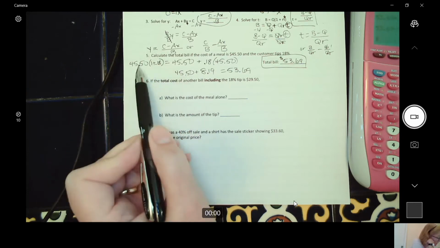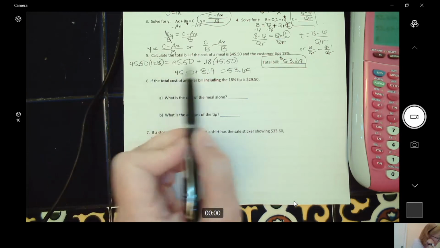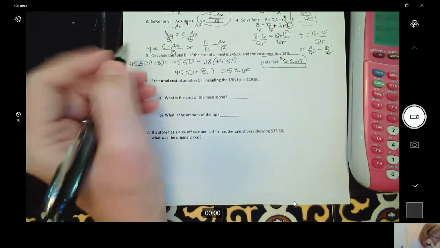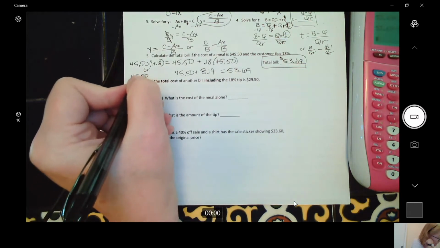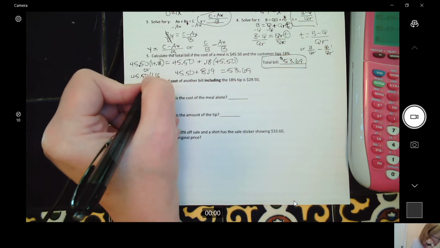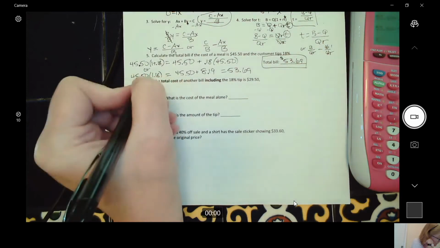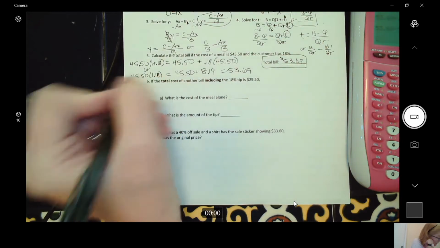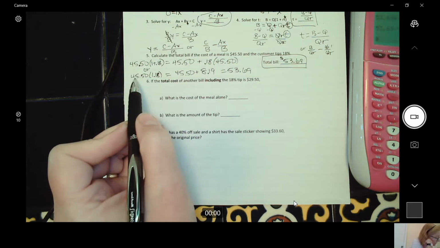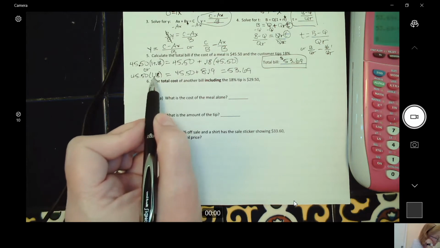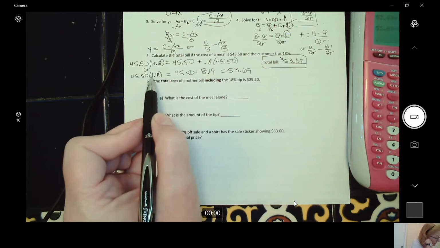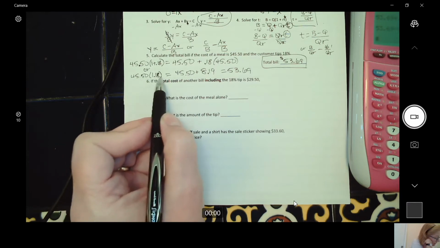If I multiplied this out, that's exactly what I have written here. So if I want to increase 45.50 by 18%, this is a faster way to do that. You can just take 45.50 and do one multiplication by 1.18. The 1 is the part that adds it back to the original amount, and the 0.18 is the tip.